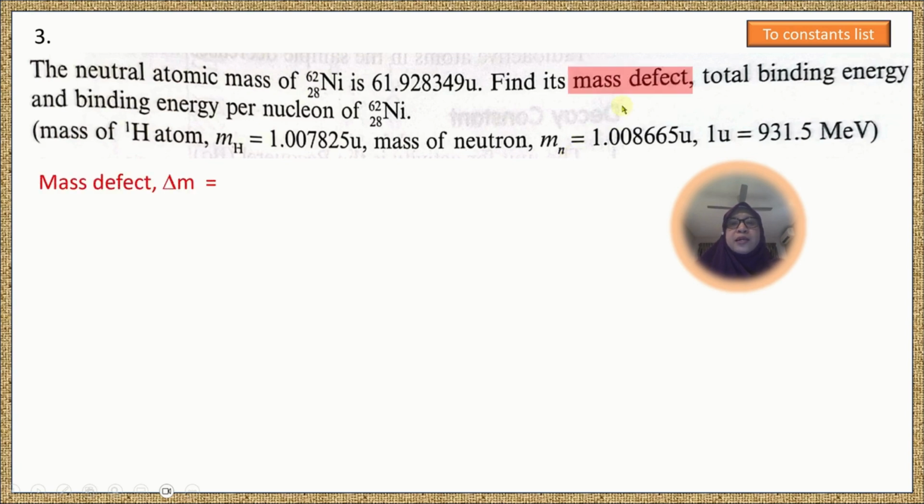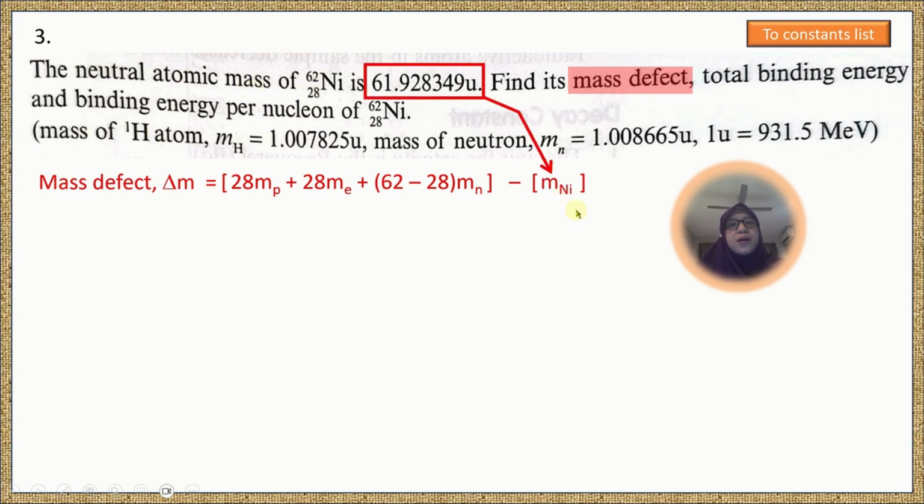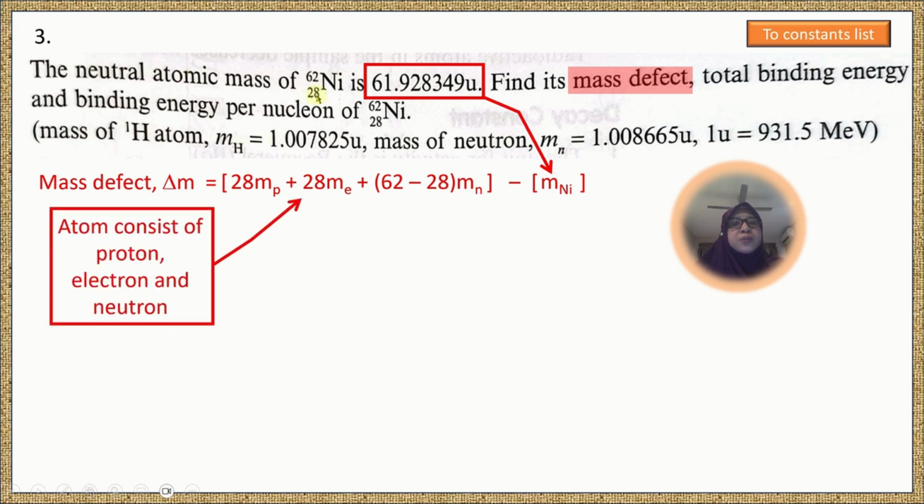So first we are going to find the mass defect. The mass defect is the difference between the mass of the constituents of the nickel, the protons, electrons and neutrons, minus the atomic mass of the nickel itself, which is 61.928349 U. The constituents of nickel will be the atom.